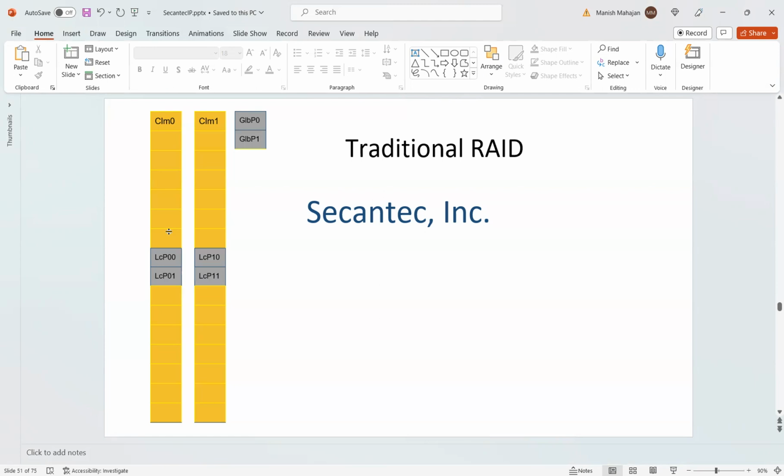For reconstruction with 3 or 4 drive failures, it has to read column 0, column 1, and the global parity. That actually involves too much network traffic. If there are more than 4 drive failures, there is no capability of reconstruction anyway.